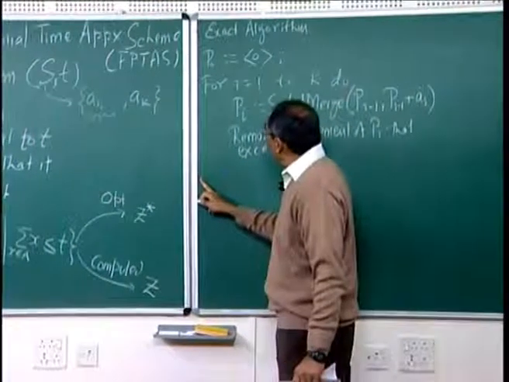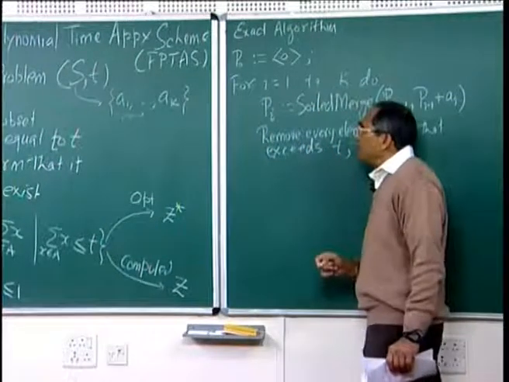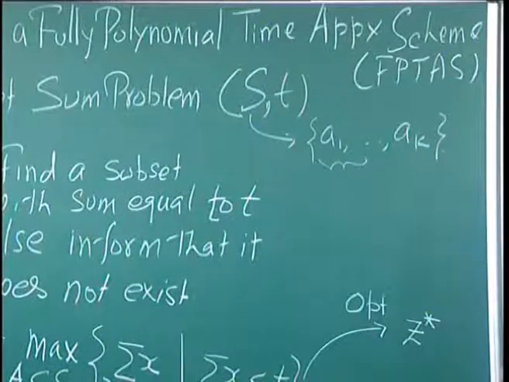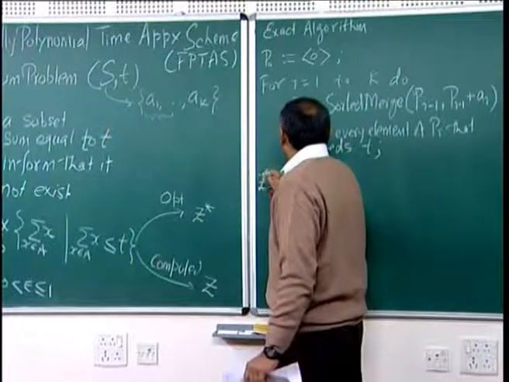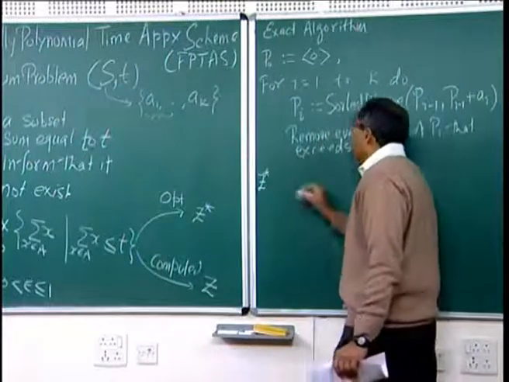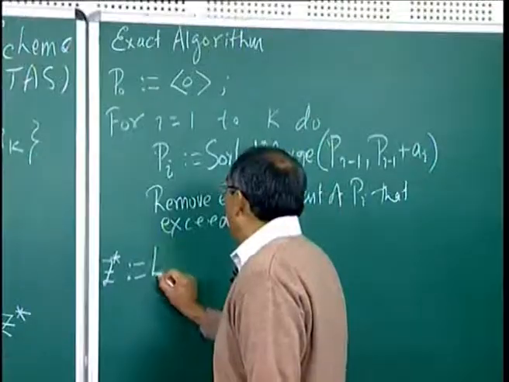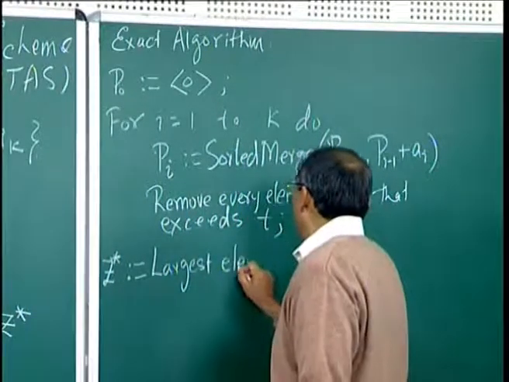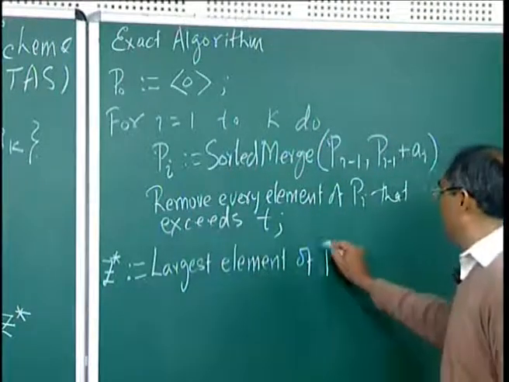At this point, when we have Pk, which means we have got a list containing every subset of these integers which do not exceed t, we are going to take the largest element of Pk.